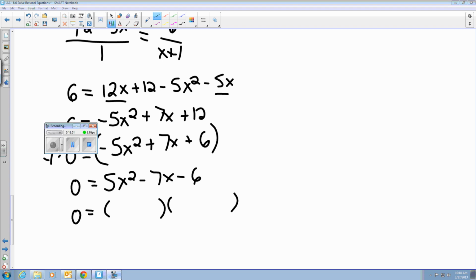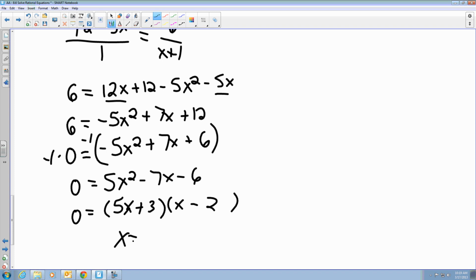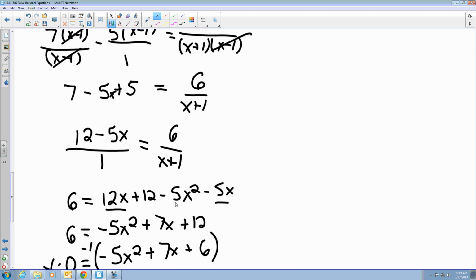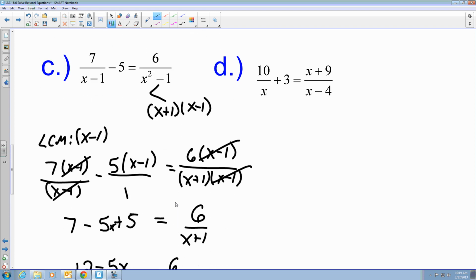So here I can go 5x, x here, and this will be plus 3, and this one's going to be minus 2. So x could equal negative 3/5, and x here equals 2. Sorry about the mistake.